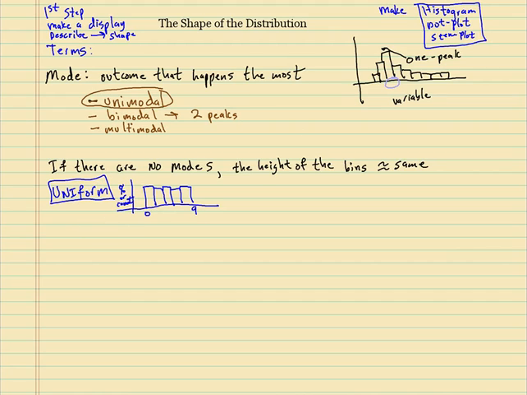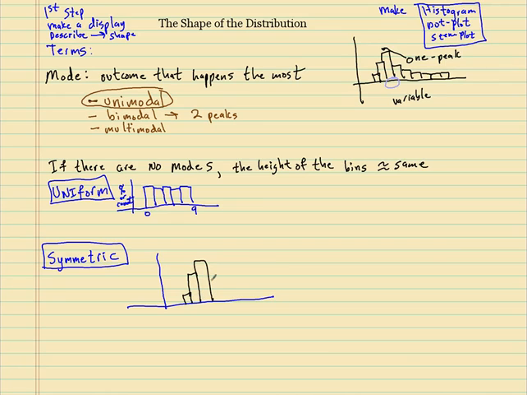Here's another shape, and this is probably our most favorite one, and that is symmetry, or symmetric. Many of you know what symmetric is: if you could fold your graph in half and one side looks like the other side, then our distribution is symmetric, sort of like this.